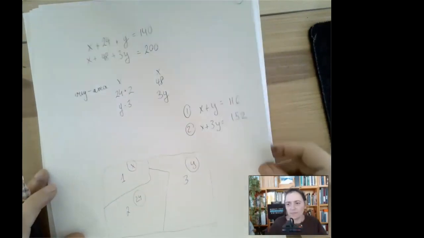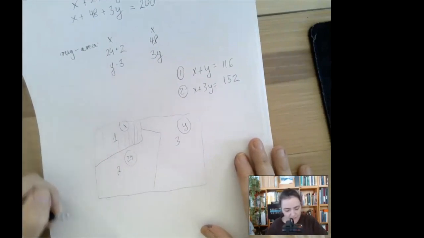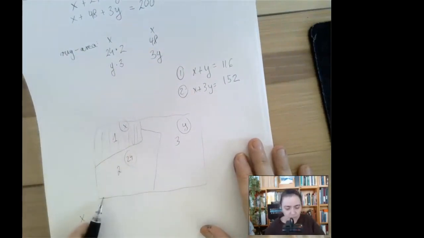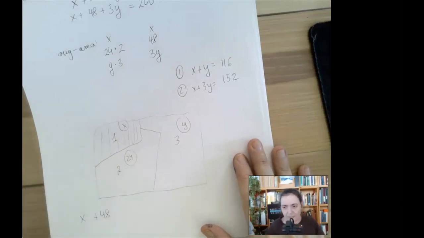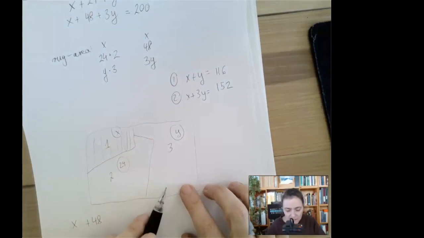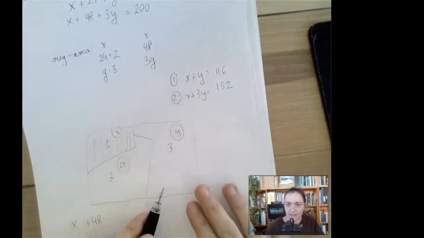So how much rock lays on this part of the room? X. How much rock lays on this part? Well, 24 is the size, but there are two rocks on it, right? So it's 48. And then this one, how much rock does this represent? Every spot is covered with three rocks.